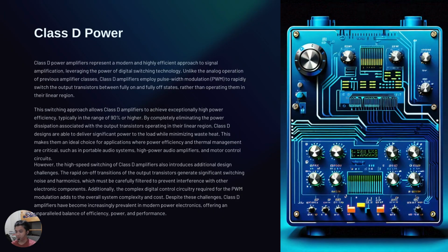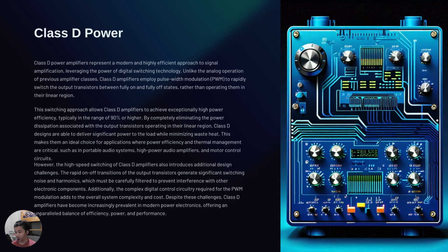Class D power amplifiers. Class D power amplifiers represent a modern and highly efficient approach to signal amplification, leveraging the power of digital switching technology.